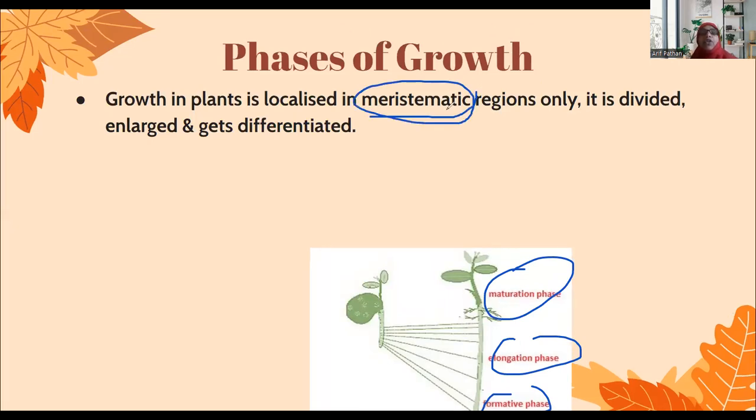These are the actively growing young cells, the baby cells, you can say, which are actively dividing and multiplying. From here the cells divide, multiply, and then they further go on to become enlarged and differentiate.